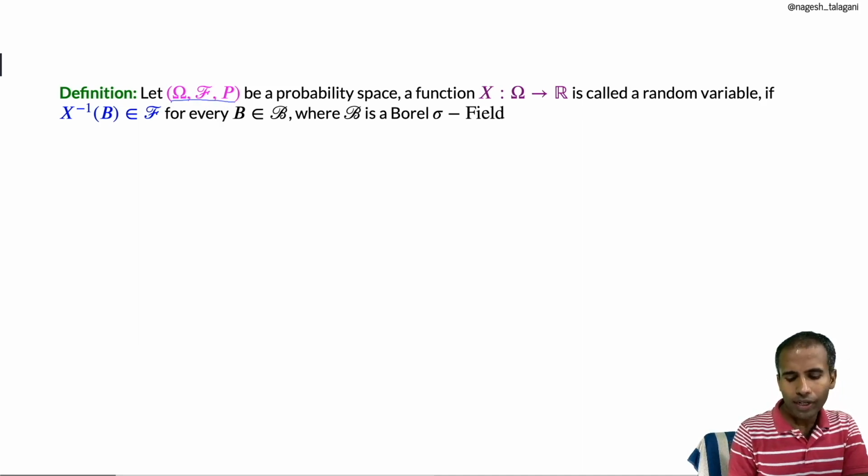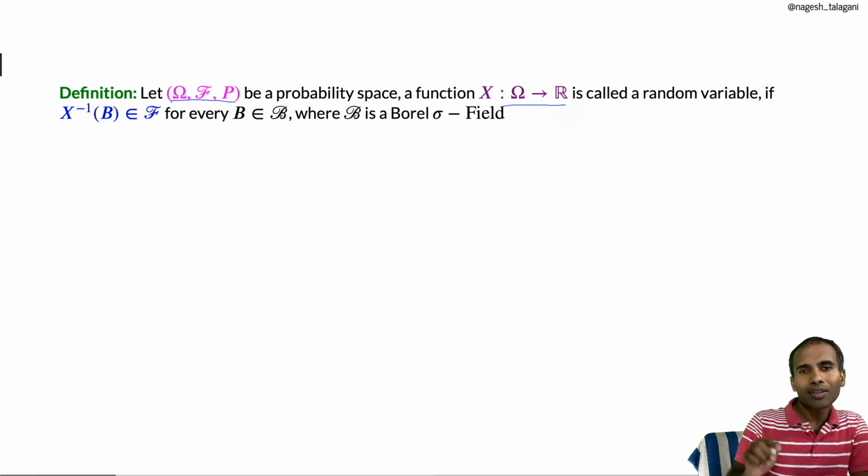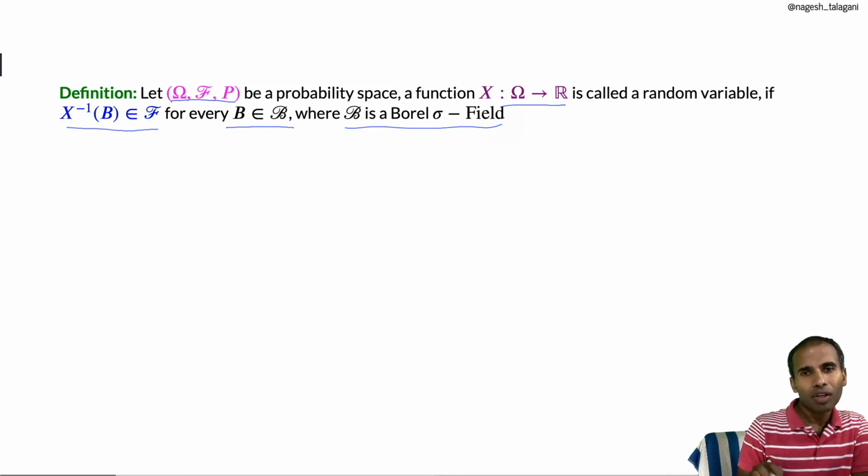A function X from Omega to R is called a random variable if the inverse image of Borel sets under X are events. That is, X inverse of B should be in F for every B in script B, where script B is the Borel sigma field. So this is the technical condition to be satisfied by a function from Omega to R.